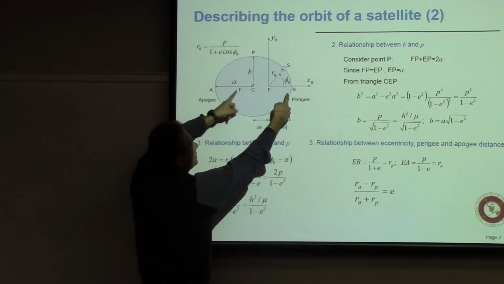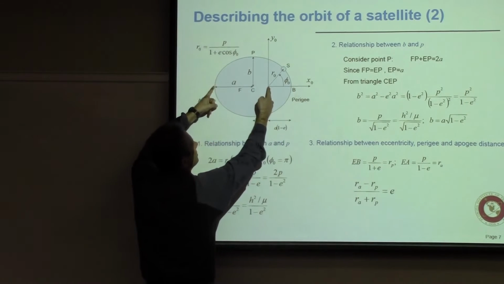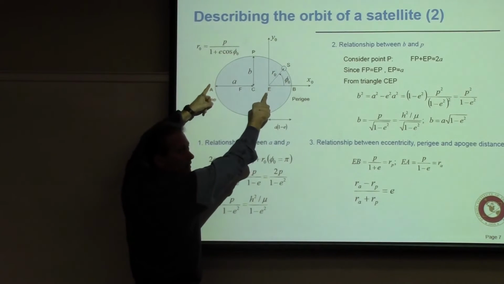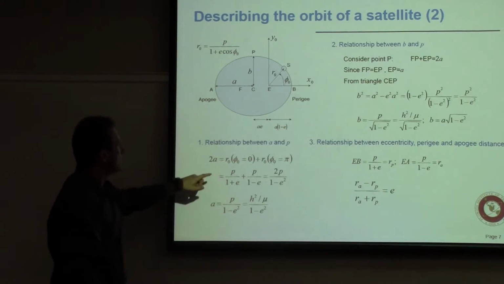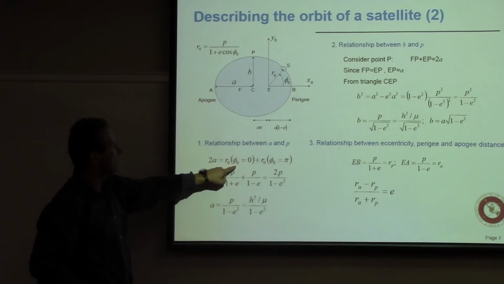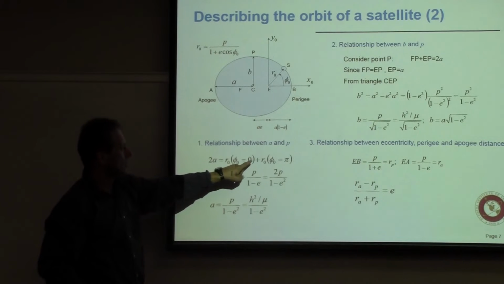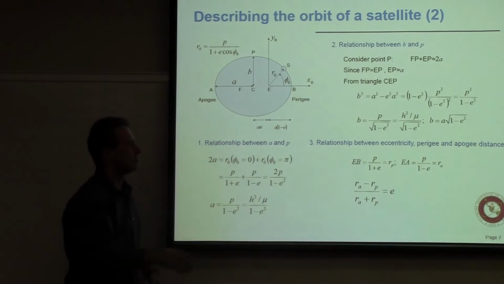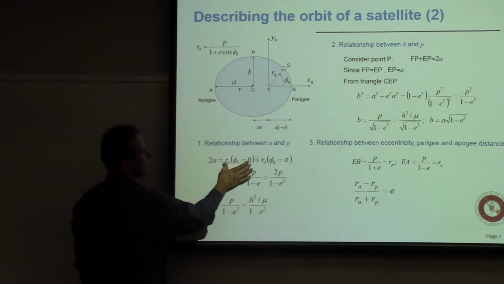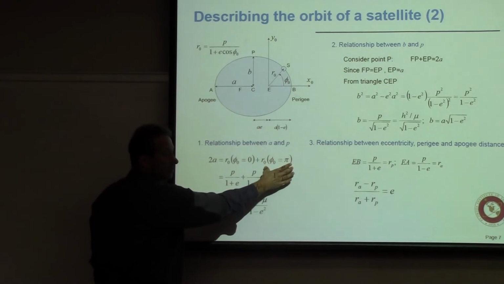You can see that this plus this has to be equal to 2A, because from here to here, it is 2A. So 2A is going to be R0 when phi 0 is equal to 0, plus R0 when phi 0 is equal to pi. So this is the distance at the perigee, this is the distance at the apogee.